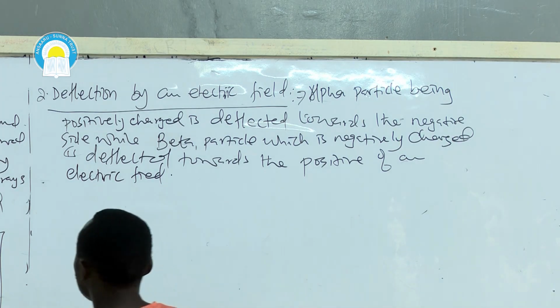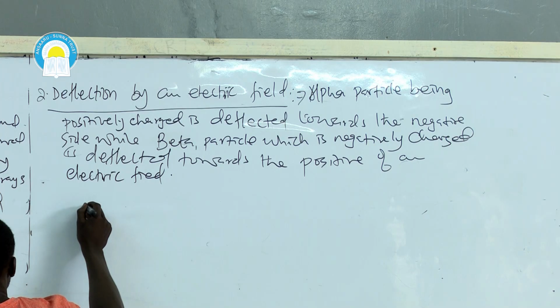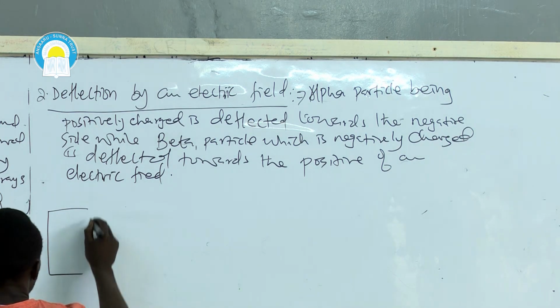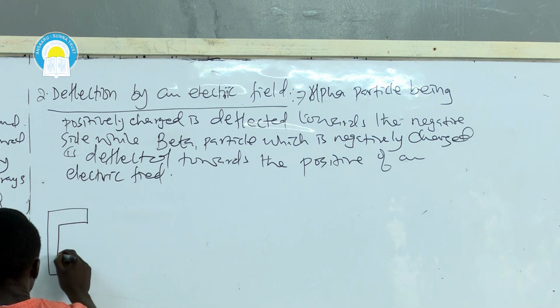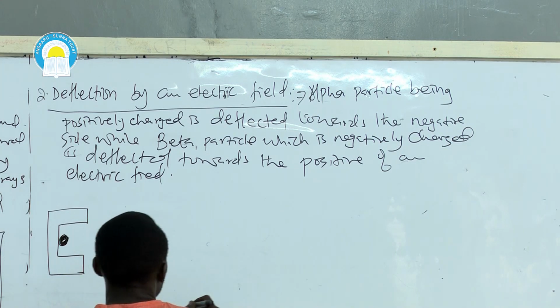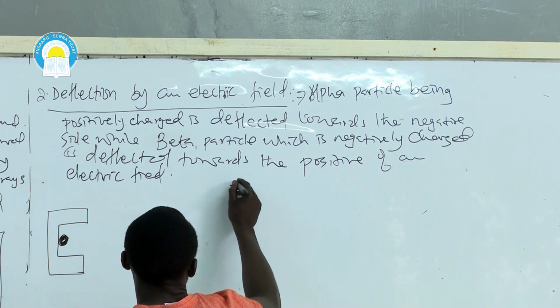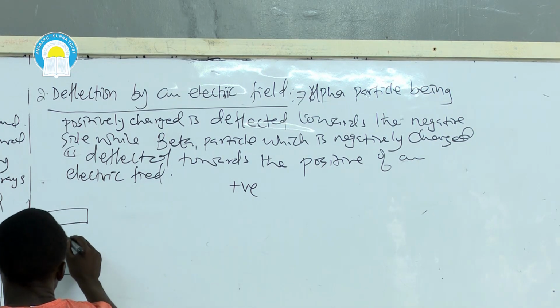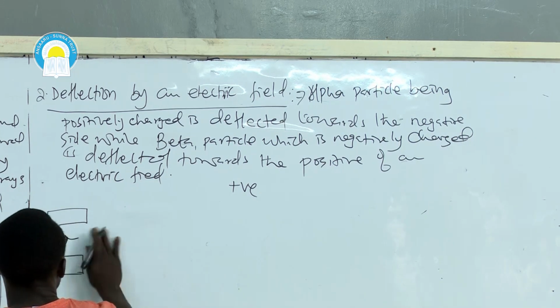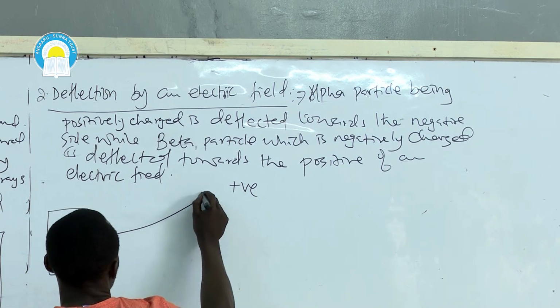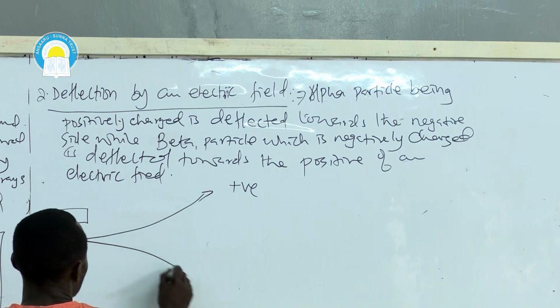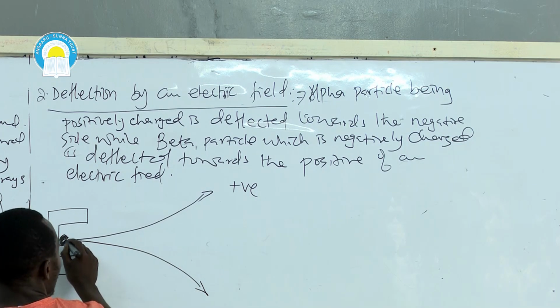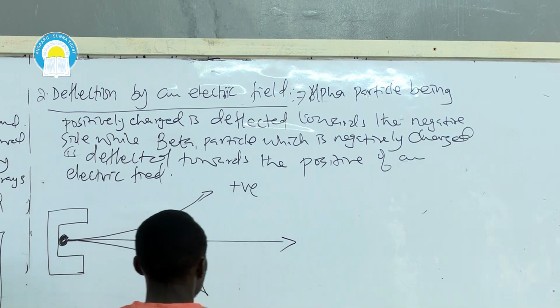Therefore, if we have a radioactive element here, this one represents a radioactive element. We have the positive side and the negative side of an electric field. There is the radiation that will be deflected towards one side, another that will be deflected towards the other, and one that moves straight.